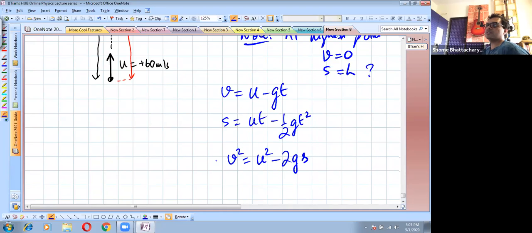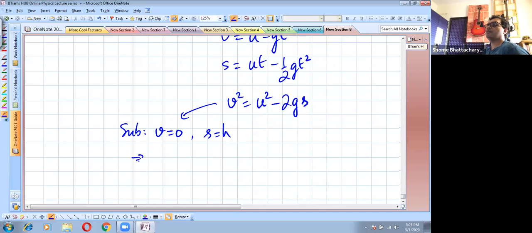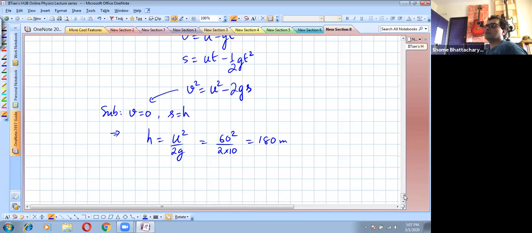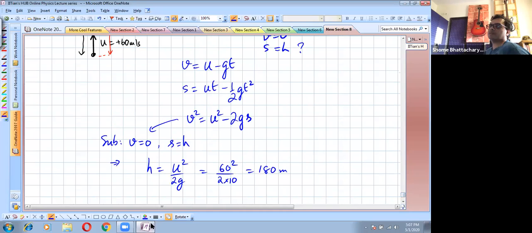In this equation, you substitute v as 0 to find out the displacement value, which is the maximum height h. From that you get a nice formula for maximum height: h is equal to u²/2g, or in this case it becomes 60² divided by 2 × 10. So that's 180 meters. This is a little trick that we use to find the maximum height, the fact that its velocity is 0 at the maximum height.